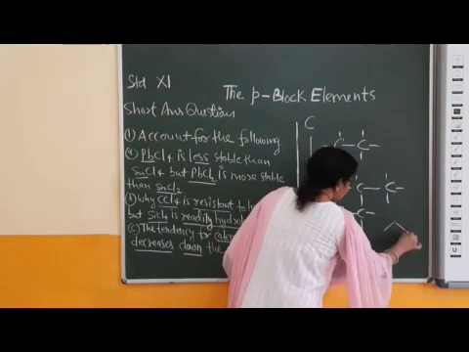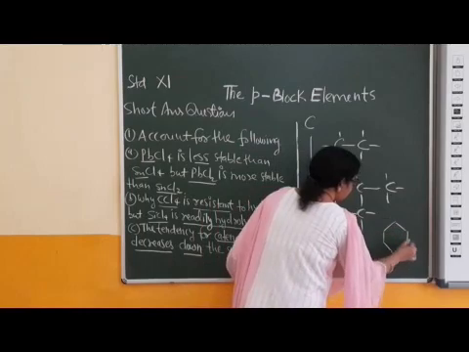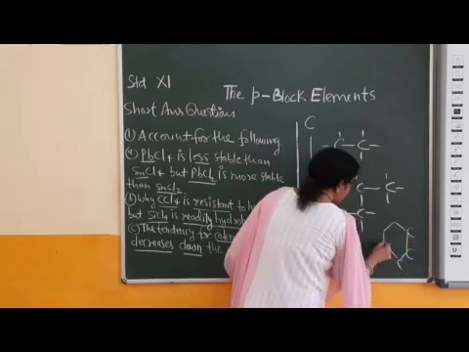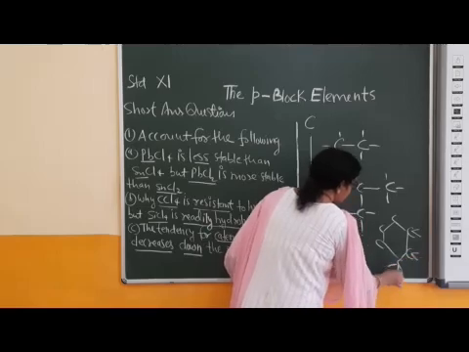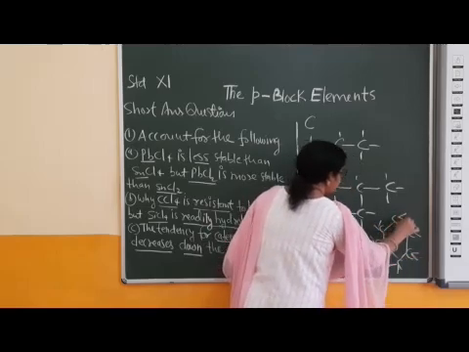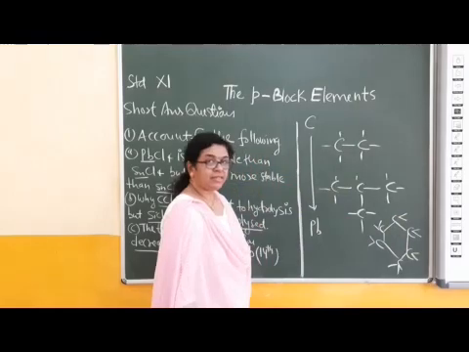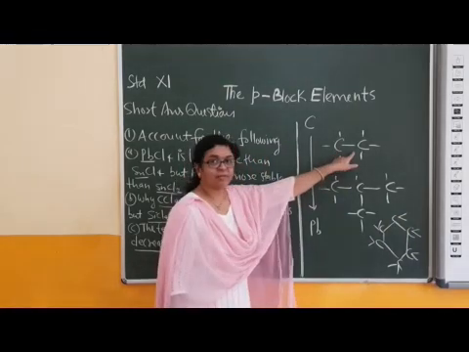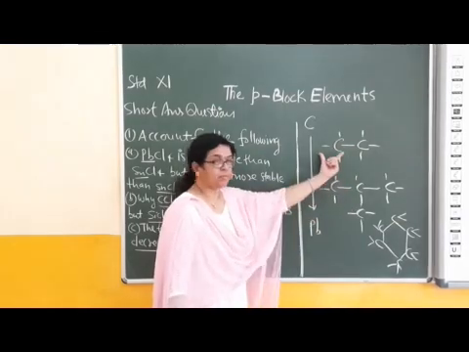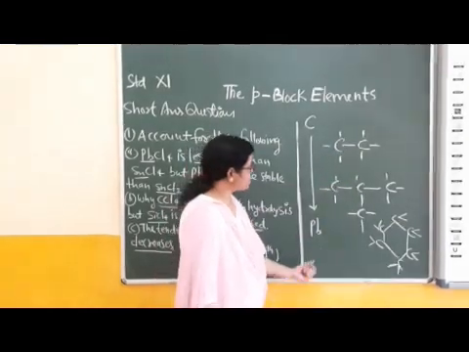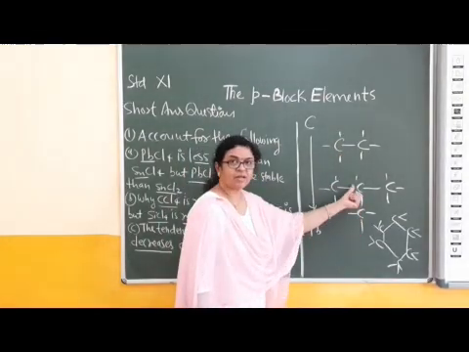Cyclic compounds are like this, carbon with carbon. Each structure is showing catenation. Carbon with carbon, a straight chain, right? Or unbranched organic compounds, carbon with carbon, carbon with carbon.